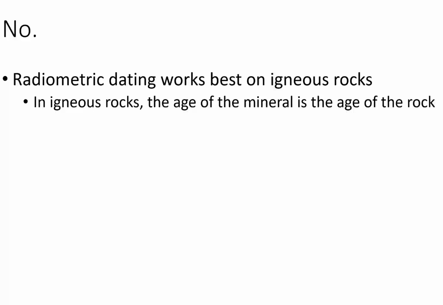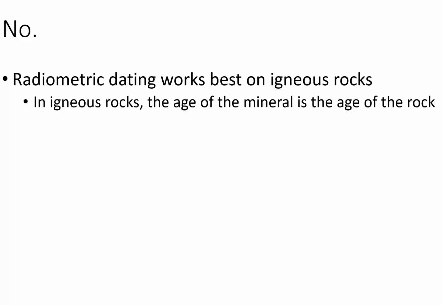Why is that? From our previous tutorials, we learned that when a mineral crystallizes from a magma, certain minerals anyway, will trap in radioactive isotope atoms, or what I call parent atoms. And once they're trapped in the solid mineral crystal, they can't get out. And then the radioactive parents will decay to form stable daughter isotopes.